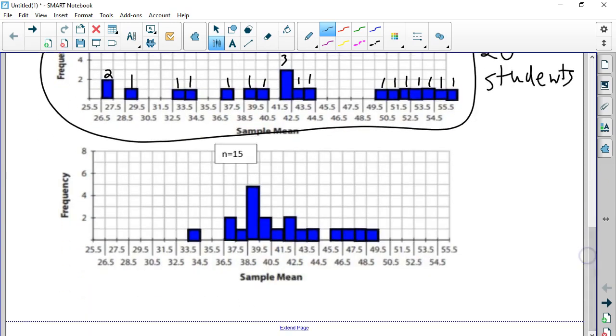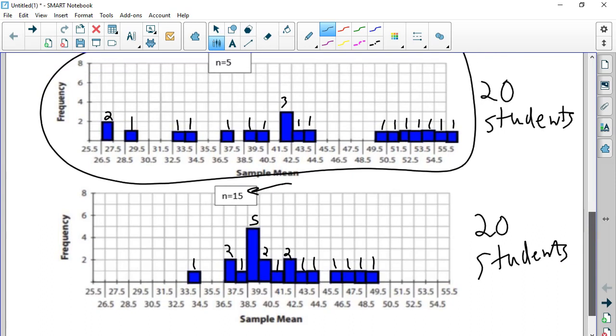And then, if you look at this, here's 1, 2, 3, 4, 9, 11, 12, 14, 15, 16, 17, 18, 19, 20. So this is also 20 students, but notice 20 students who did a sample of 15. So if we all did 15 and reported our average, look at the difference in the 2 histograms.